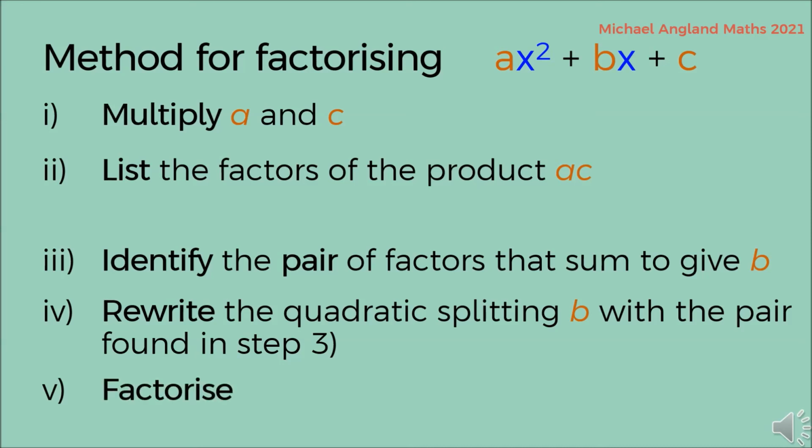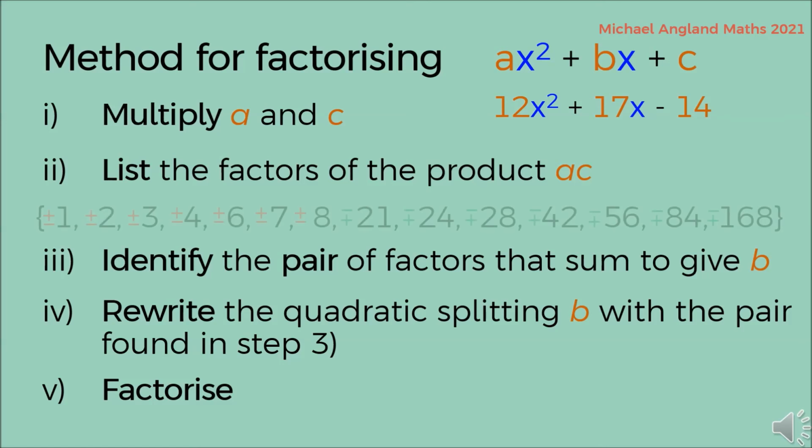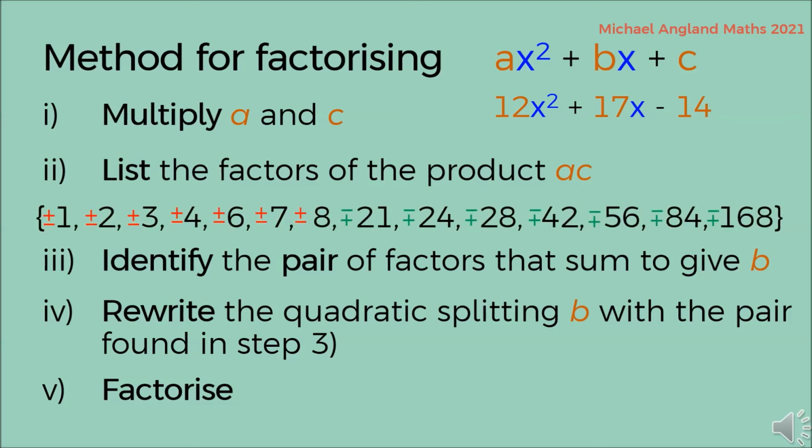So, just looking back at our example number 3, we had 12x squared plus 17x minus 14. A is 12, C is minus 14. AC is 12 times minus 14, minus 168. So the factors of that are listed below, and you can see for the first half of the factors I have plus minus, and for the second half of the factors I have minus plus, because the corresponding positive value matches with the corresponding negative value to give negative 168.